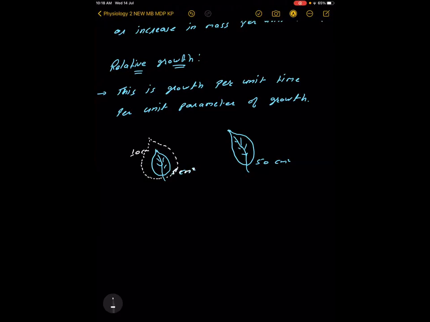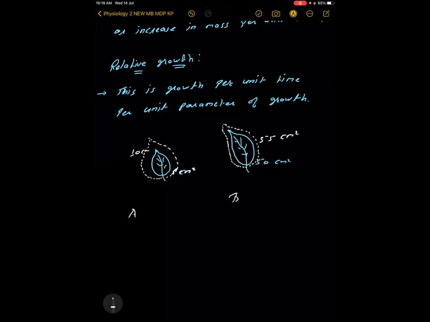Similarly, the 50 centimeter square area has to grow up to 55 centimeters square. Clear? This is leaf A, this is leaf B.